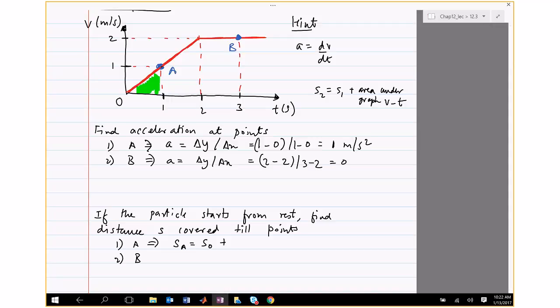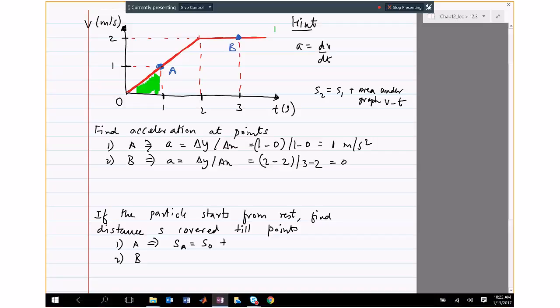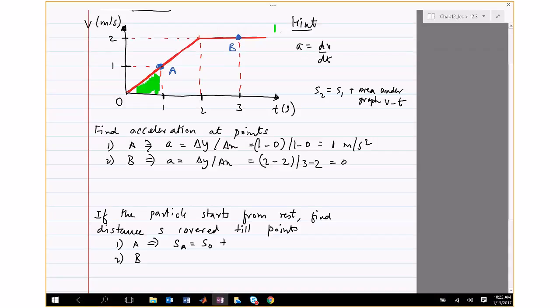The base is 0 to 1, so the base is 1 unit. So that's going to be half times base, which is 1, times the height. The height of this triangle is the distance on the y-axis from A to the x-axis, so that's also 1, and so this is 0.5.